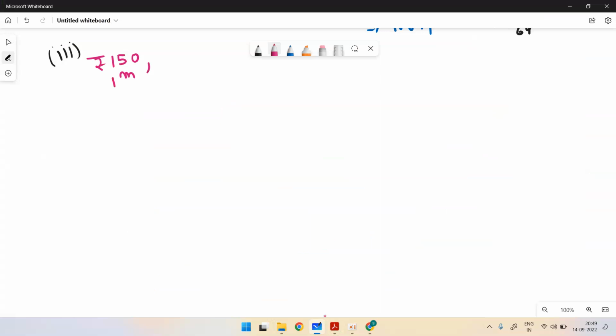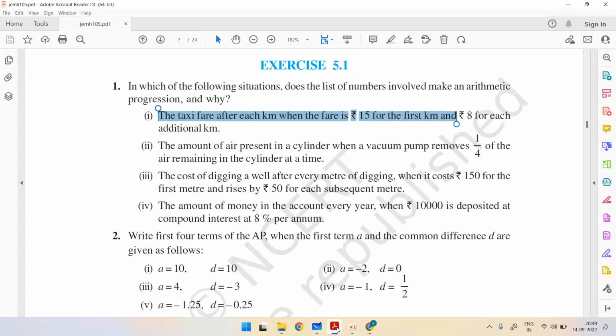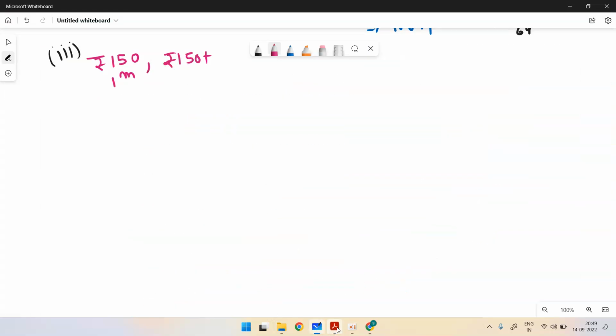Suppose you need to dig 2 meters, so this is rupees 150 plus the additional rupees 50, which is nothing but rupees 200.